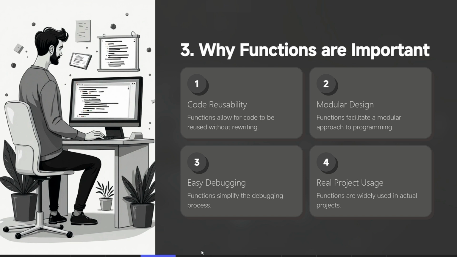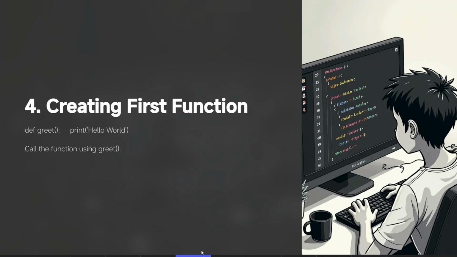You can answer that functions make the code scalable and maintainable. So here I have given one example, def greet with print hello world. This is a basic function, and after calling the function you can get your output.